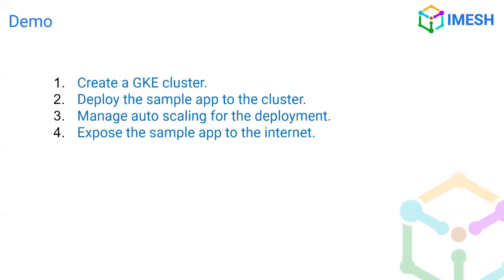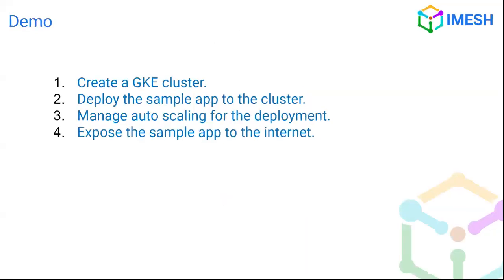Then they need to deploy that sample app into the cluster. Then the scalability also has to be managed, whether it is auto scaling or manual scaling for the deployment. And finally, that deployment has to be exposed to the internet. So let's move to the Google Cloud Platform.